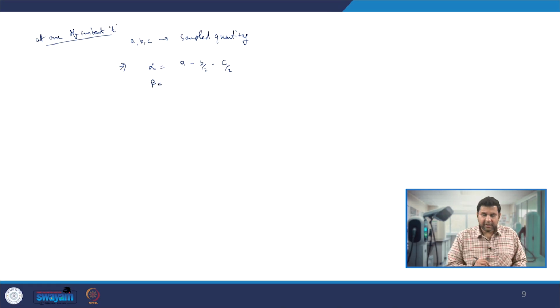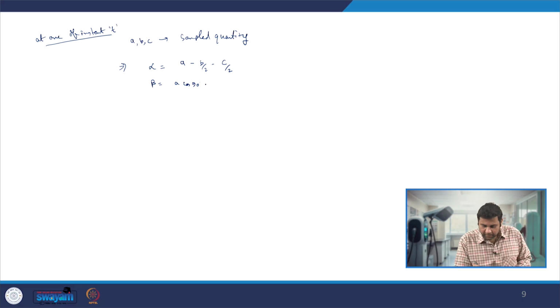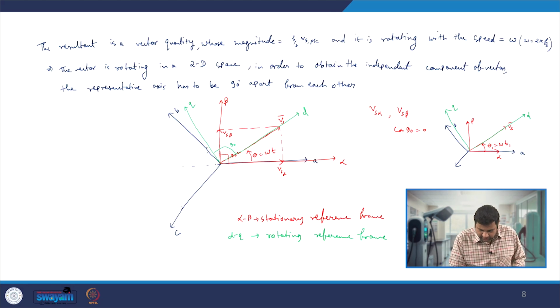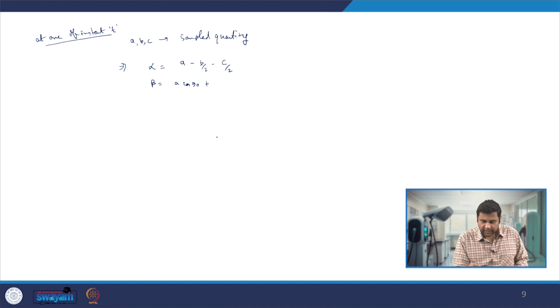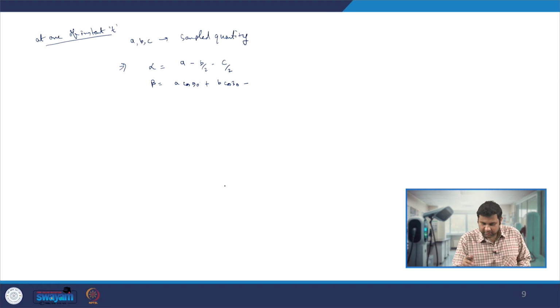Similarly you can define beta as A cos 90, the quantity along the A axis in this direction, plus B, which is here at 30 degrees, so B cos 30, and C is along this direction, so minus C cos 30.